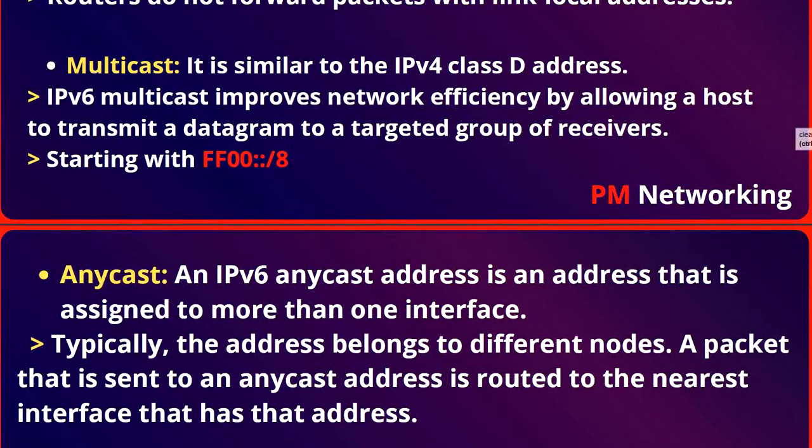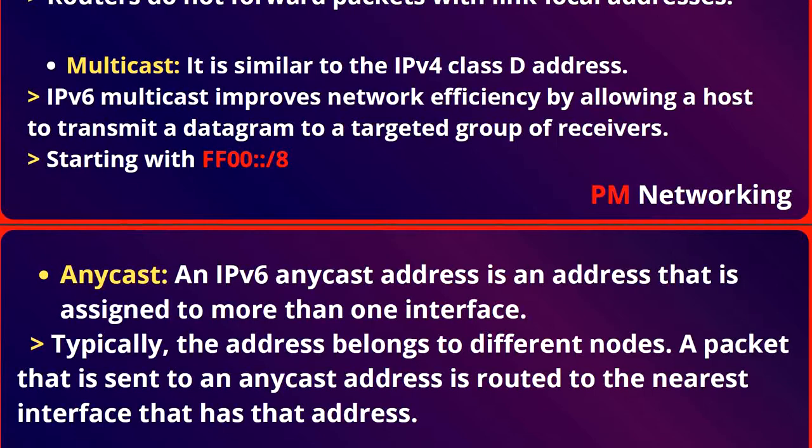And the last type of address is anycast. Guys, when I implement IPv6 address in routing, while I discuss OSPF, BGP or EIGRP, then I will show you how to implement IPv6. That time you will use this type of address. EIGRP will use multicast address to send its updates and hello messages.